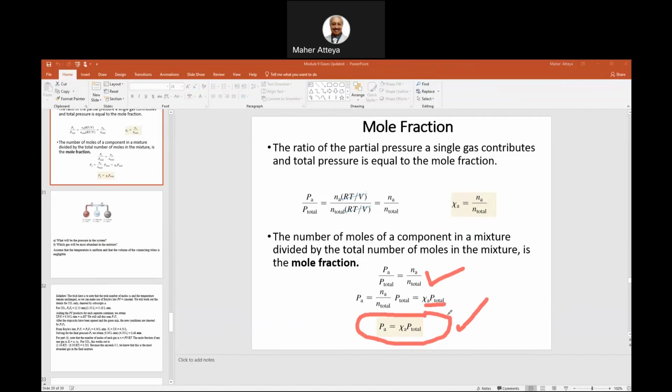So if I have a mixture of XA, for example, plus XB, plus XC, the sum of all the mole fractions will be normalized to be 1, correct? So let's look at the examples here.